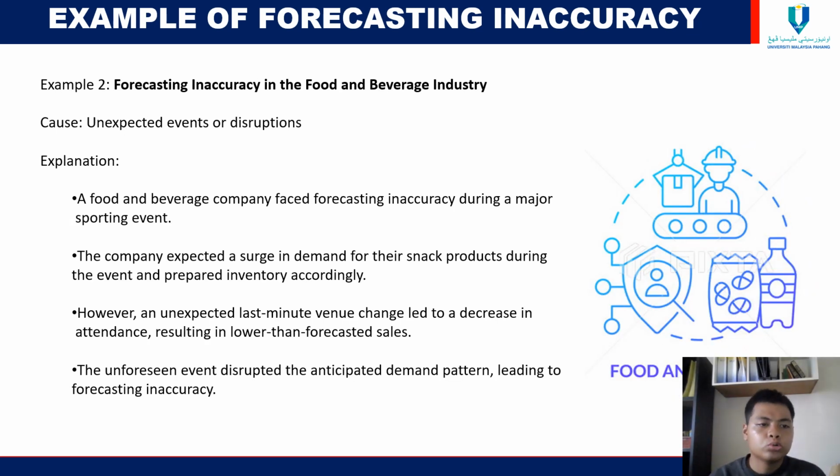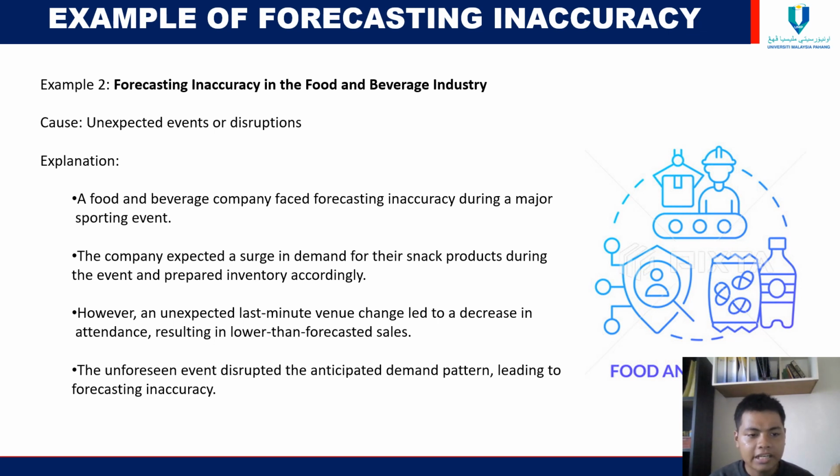Now we go to example 2, forecasting inaccuracy in the food and beverage industry, the F&B industry. First is an unexpected event or disruption. Explanation: first, a food and beverage company faced forecasting inaccuracy during a major sporting event.